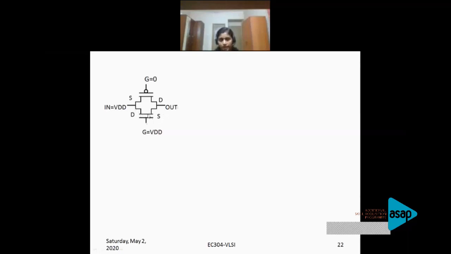So there is no way this entire VDD can pass through NMOS to the output. But what happens to the PMOS? PMOS is always on. Am I right? So it doesn't depend upon this value of VDD. So the entire VDD can go through PMOS to the output capacitance, and this provides a low resistance path to charge up to VDD. So that way we can ensure you are getting entire VDD or logic 1 through PMOS.